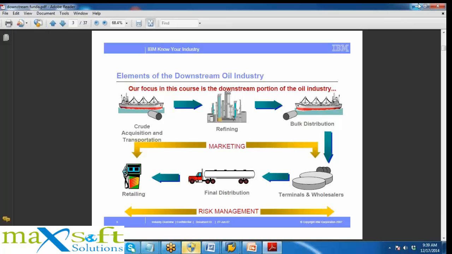Actually OGSD is something different, oil and gas secondary distribution. We are just taking a conceptual overview, not going through the OGSD part. OGSD deals exclusively with secondary distribution.